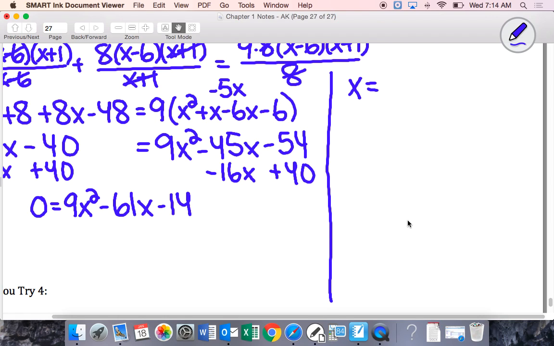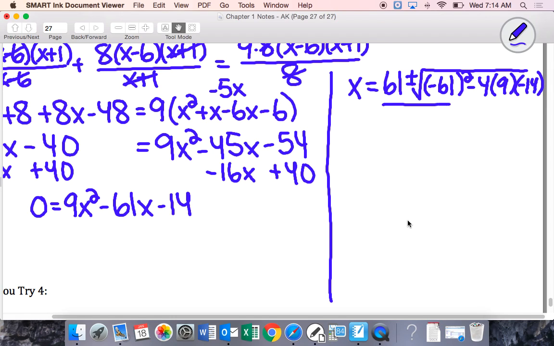So opposite of b plus or minus square root b squared minus 4ac all over 2a. So again, you want to multiply your inside.